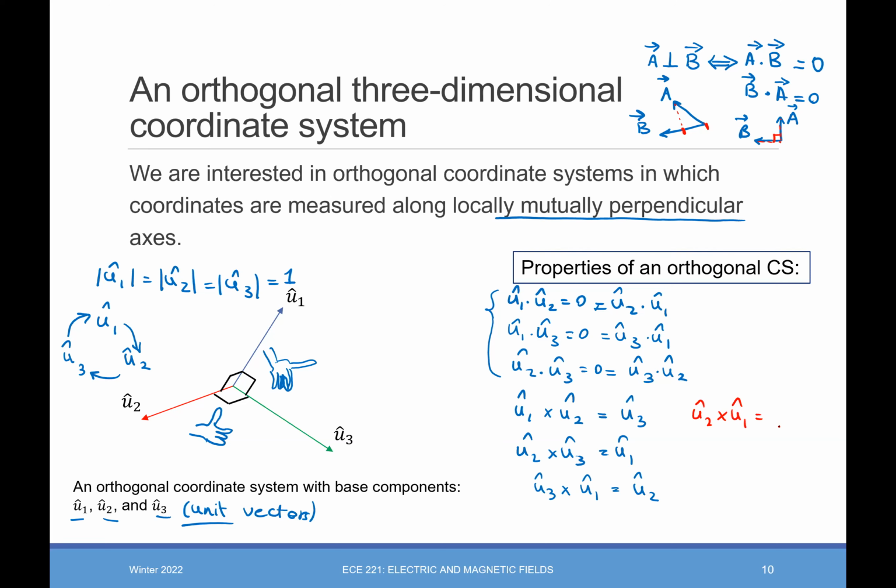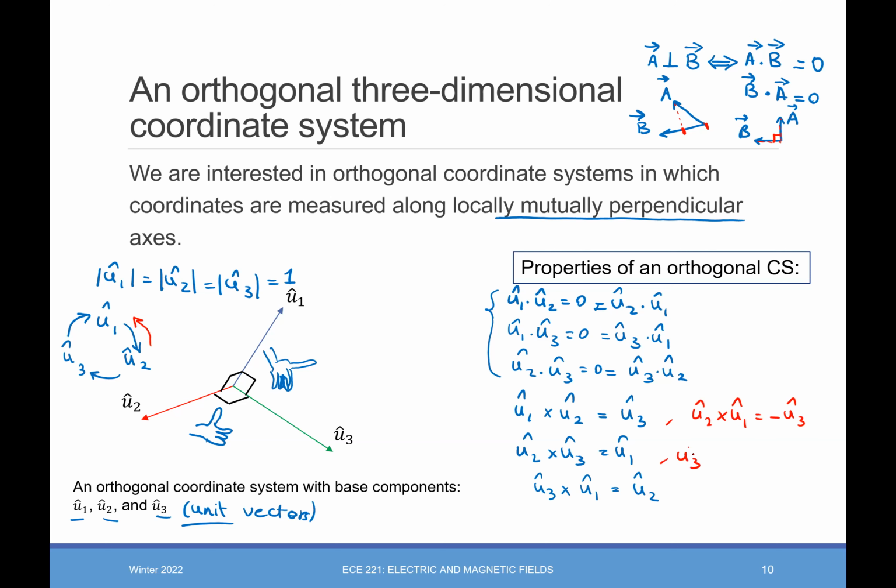When you reverse the cross product, negative, exactly: minus U3 hat. So whenever on this circle you go in the opposite direction, you have to consider the minus sign of the vector.